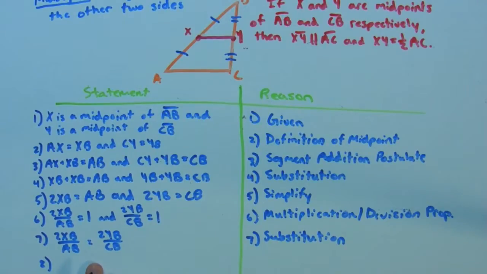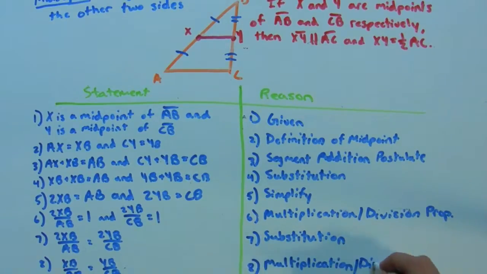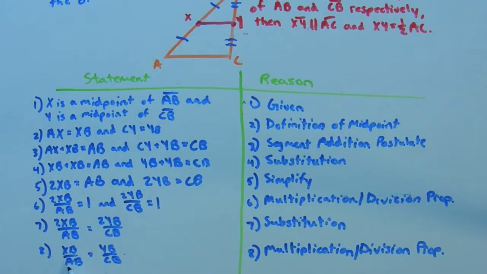And you can see if we multiply both sides by 1/2, the 2's would cancel out on each side of the equation, leaving us with XB over AB equal to YB over CB. So XB over AB equals YB over CB, and that's by multiplication and division properties.